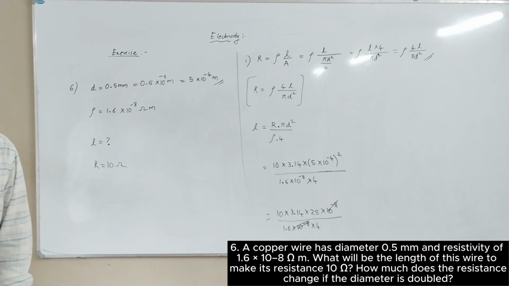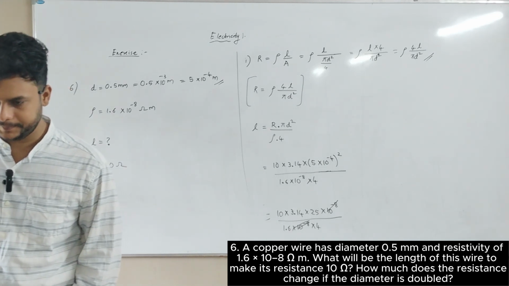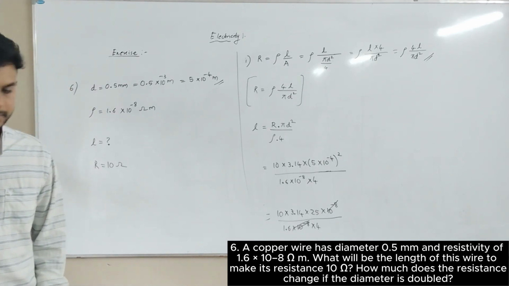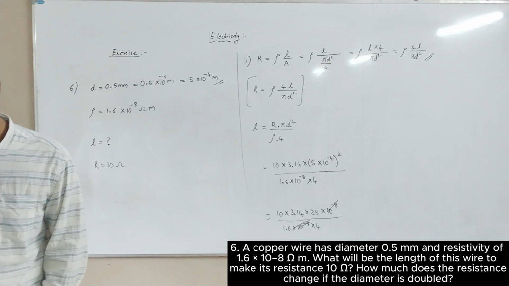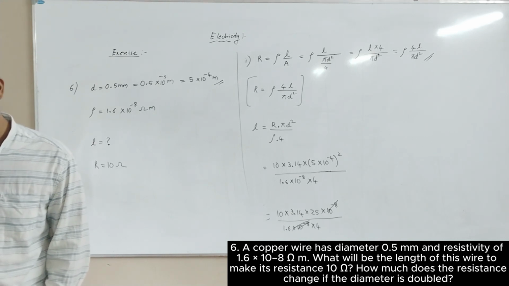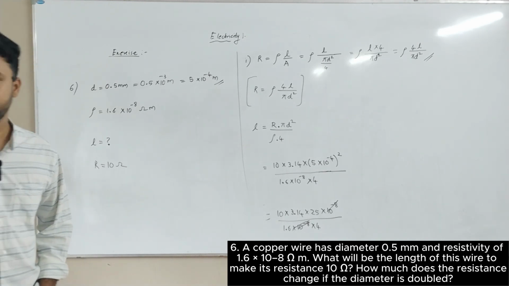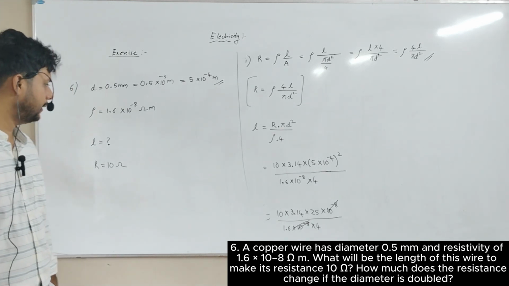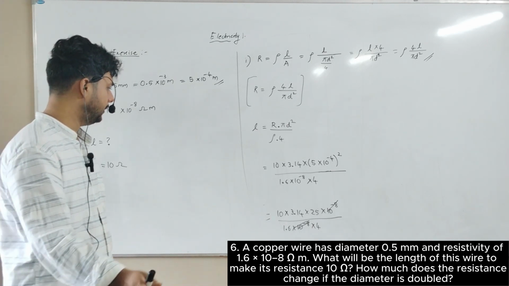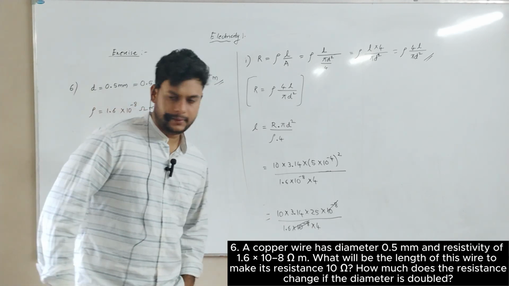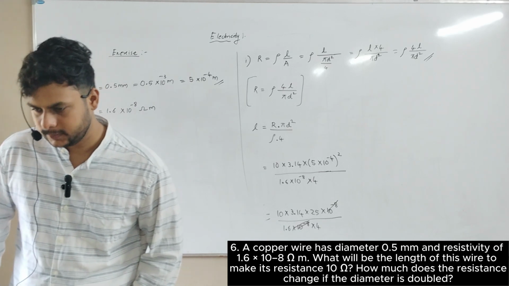Do everything and tell the answer. It comes to 3925 by 32. Just do it, 25 into 10 into 3.14.